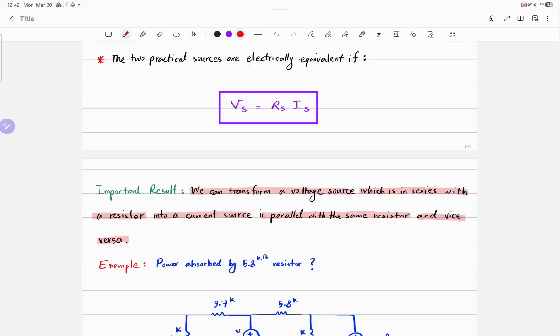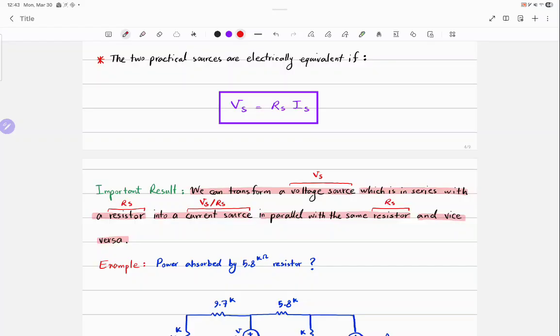And remember that the voltage source is Vs, the resistor is Rs, the current source is Vs divided by Rs. Okay? And resistor is again Rs.